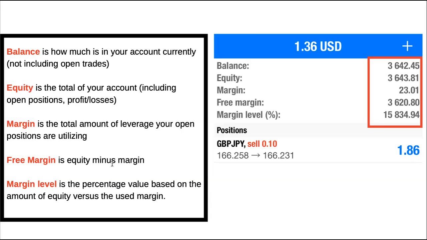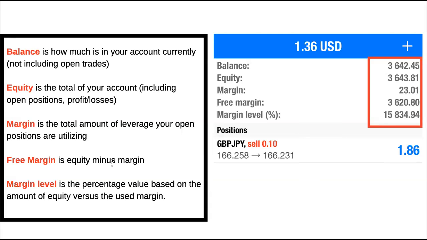Now, sometimes you'll see where the margin is negative. That means that you are close to being margin called. A margin call is when your broker actually closes out trades on your behalf to keep you from blowing your account, or it's letting you know that you're close to blowing your account.